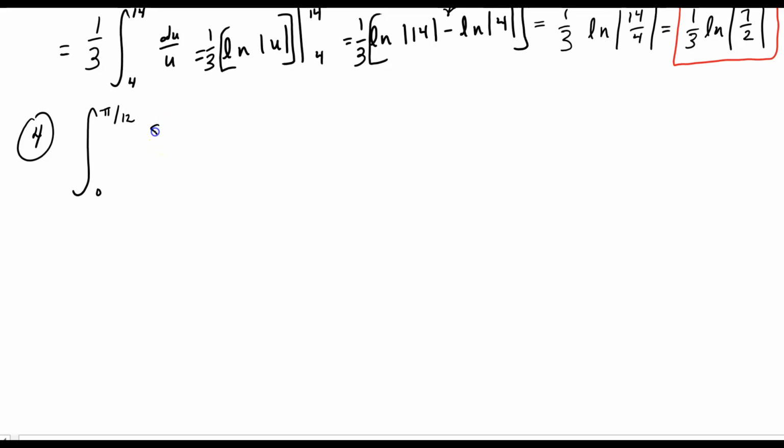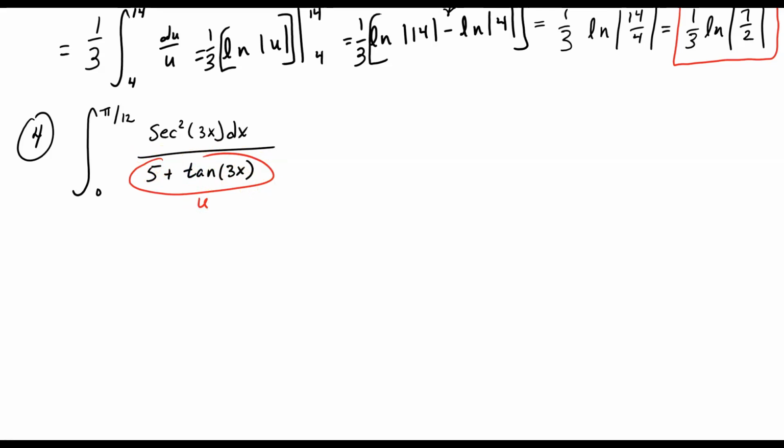And I believe this is what it should say: secant squared of 3x dx all over 5 plus the tangent of 3x. Well, this is nice. We're going to call the denominator u. Now that I've got my u, 5 plus the tangent of 3x, let's find out my du.